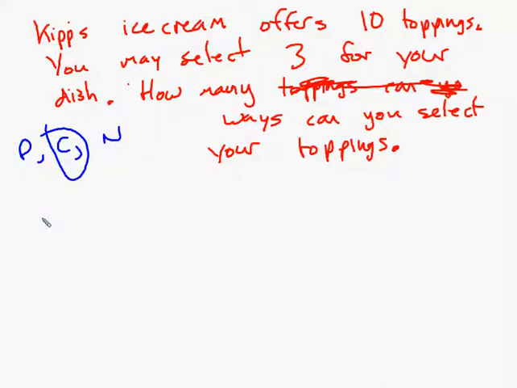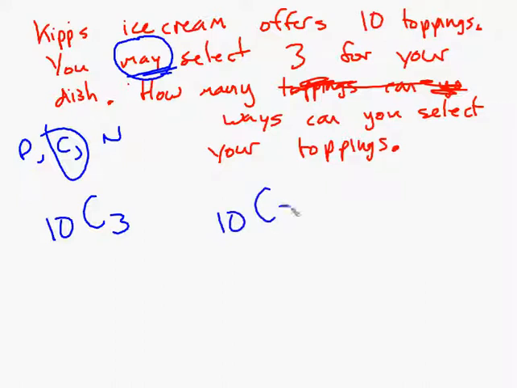Okay, good. So, this is wrong. I said 10 times 10 times 10. Now it's on the right track. Here's the key word. I may select 3 toppings. I don't have to select 3 toppings. So I could do 2 toppings. I could do 1 topping.